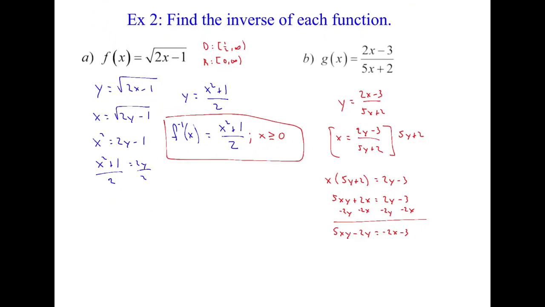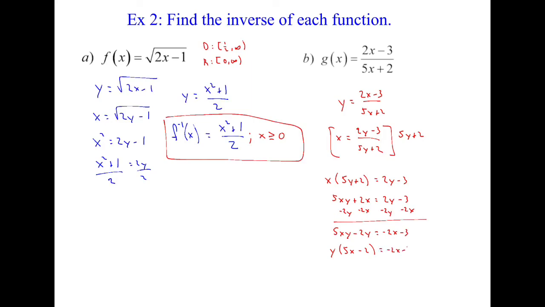Now, with something like this, we would normally try to combine like terms, but you can't combine them. So what is another way that you can get one y from two y's that are being added? Think about that for a second. All right, so if you figured it out, we use the distributive property, or what you might call factoring the y out, and you're left with y times 5x minus 2.